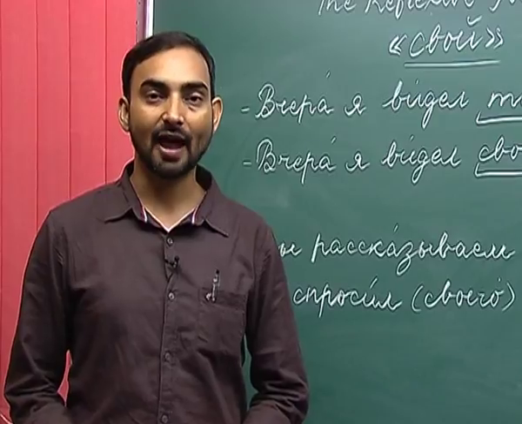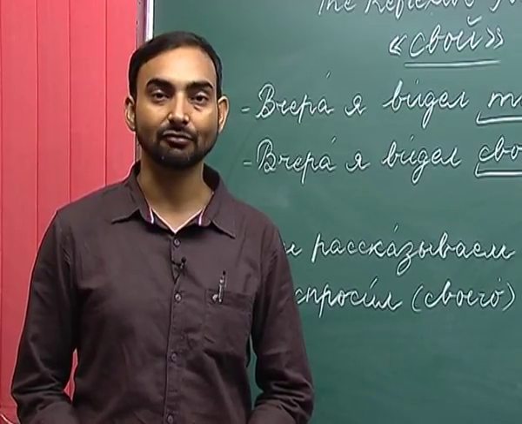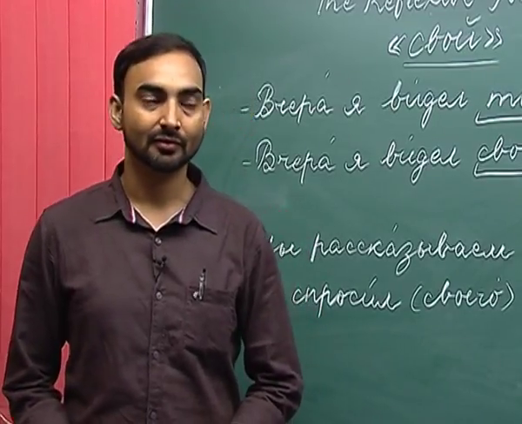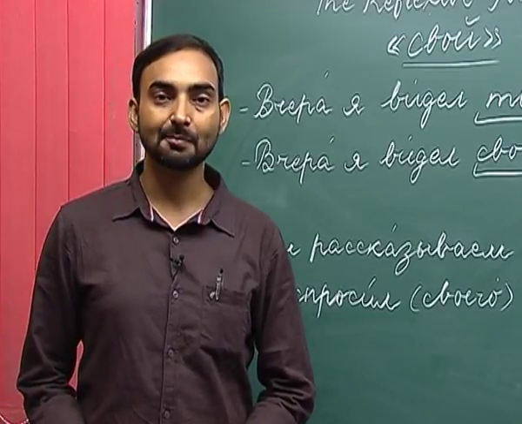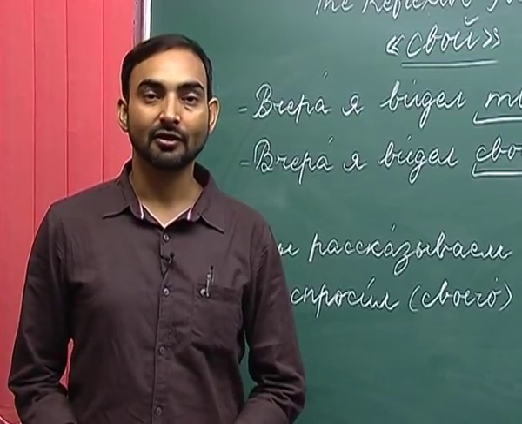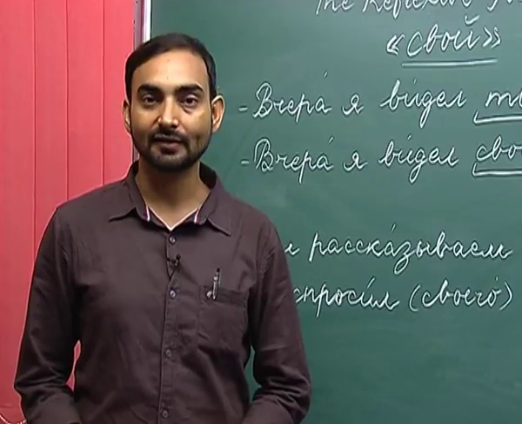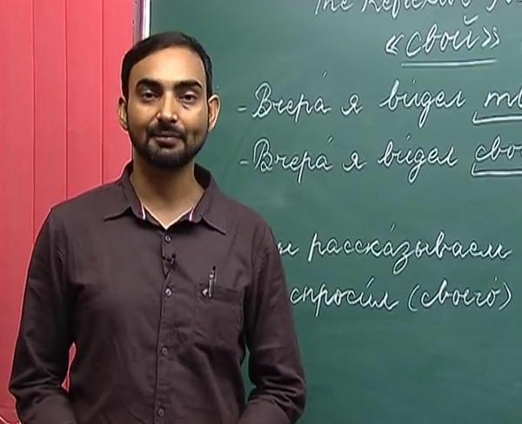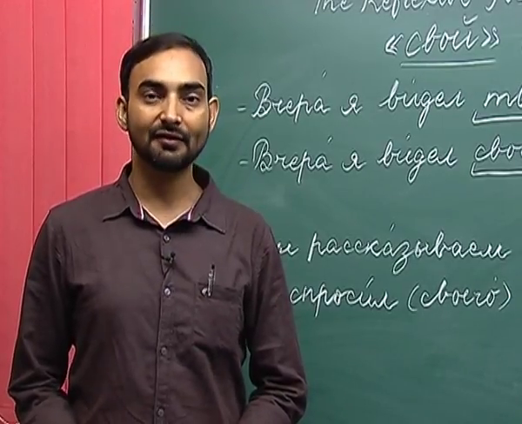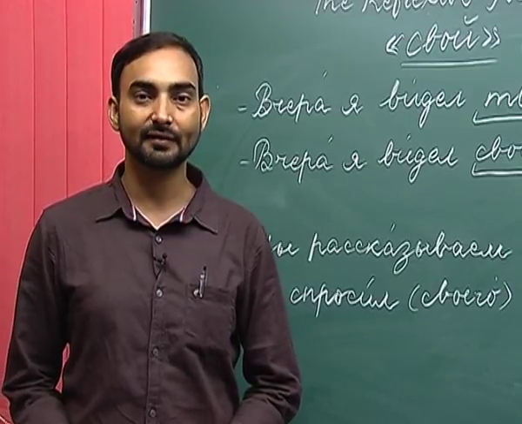The next topic we have is reflexive possessive pronoun in Russian. What are reflexive possessive pronouns in Russian? When the subject of a sentence is the possessor himself or herself, then we use the reflexive possessive pronoun.